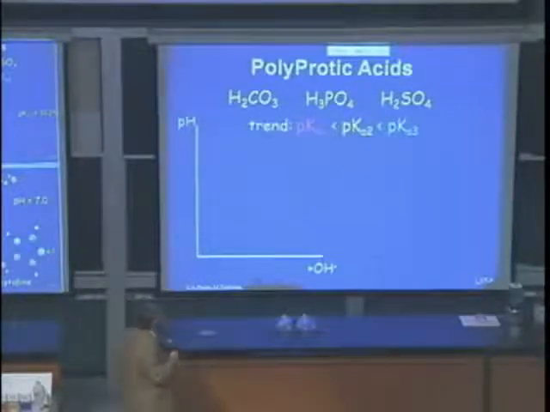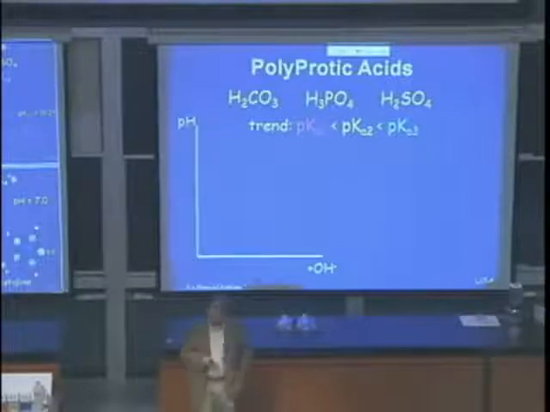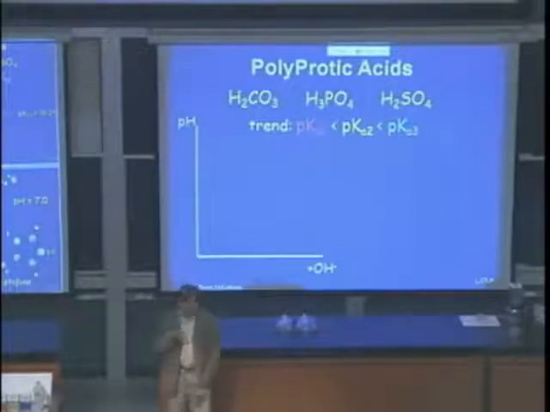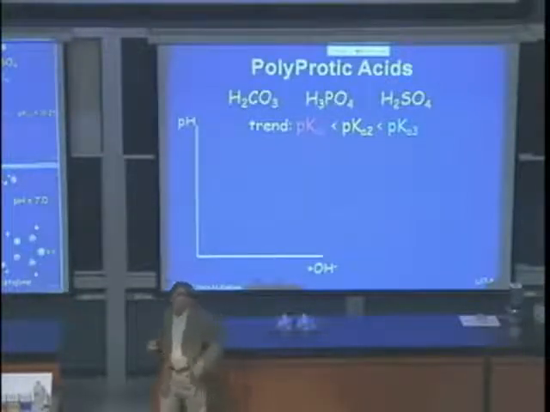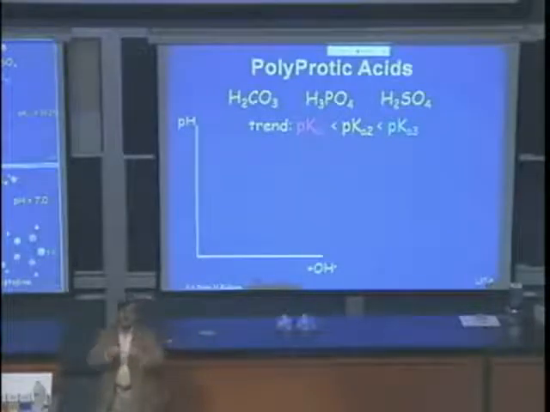And so the pKa1 is smaller than the pKa2, which is smaller than the pKa3. Let's do it the reverse: Ka1 is larger than Ka2, and Ka2 is larger than Ka3. So it goes relatively easily. The first one goes, you can remove the first one.